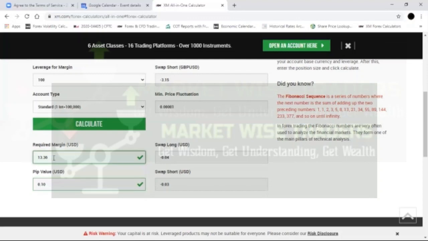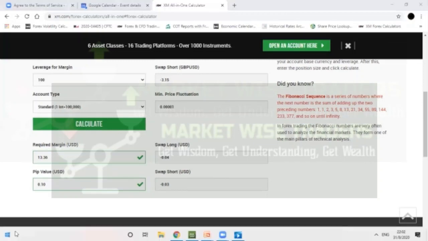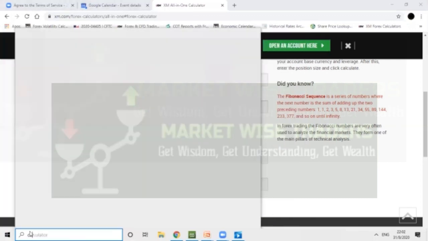So you want to look to say at least 40% of this required margin, because that's your stop. You understand me? Because the moment you're even at 30, what's 30% of this, of 1336? Let me get a calculator. Let's see if I can get a calculator.